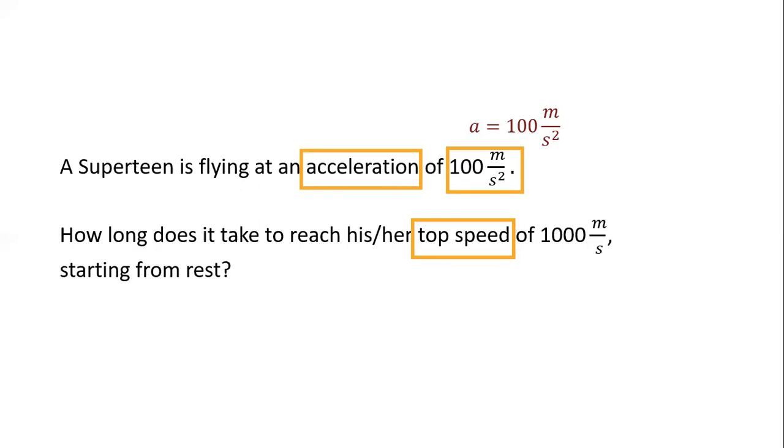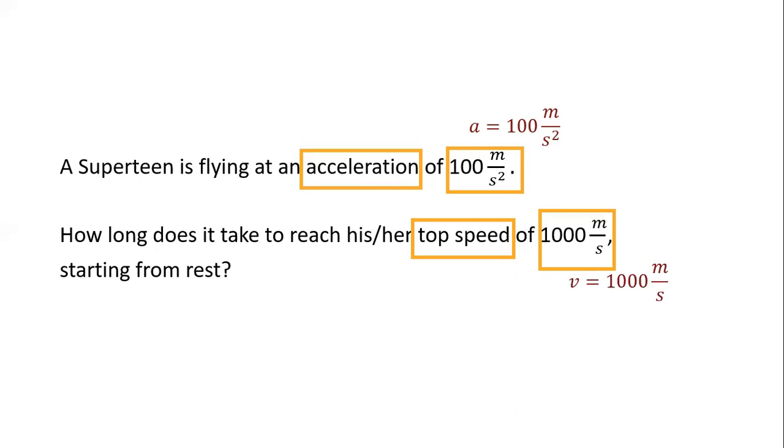So what is the top speed? The top speed is 1000 meters per second. So you can say that v is equal to 1000 meters per second, or the final velocity is equal to 1000 meters per second. Why is it the final velocity?